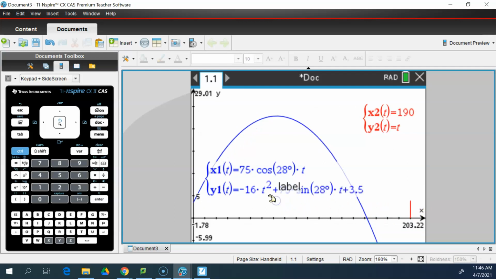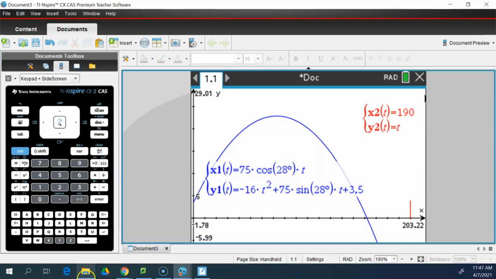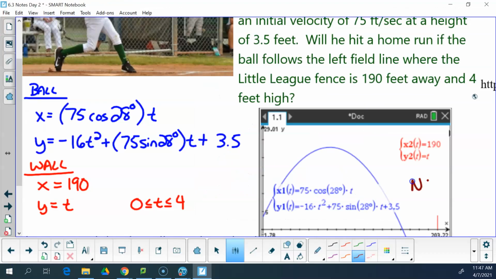So he hit a lazy fly ball to the left fielder. So he did not hit a dinger.